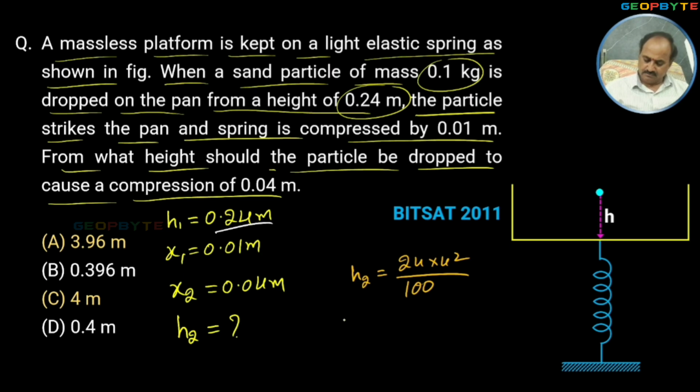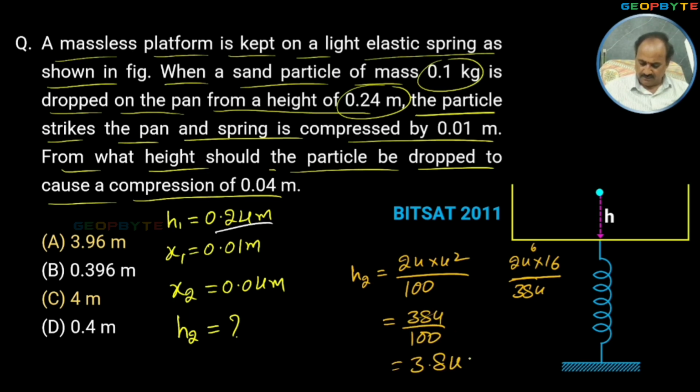So here it is 16 into 24, which is 384. It is equal to 384 divided by 100, how much? 3.84 meters.